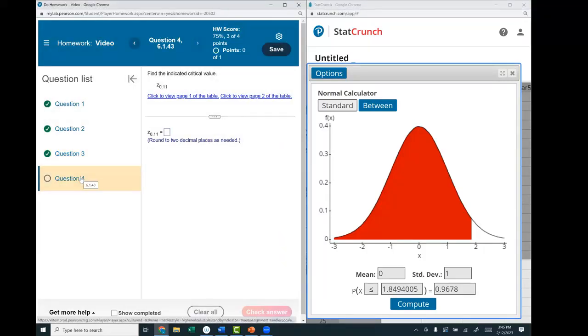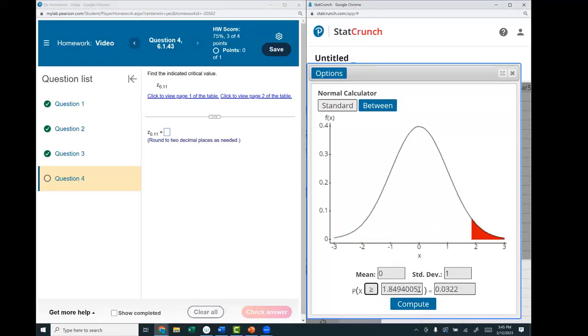And notice I'm going from problem to problem without closing StatCrunch, because what's the point of closing it? I'm going to need it again anyway. Now it says find the indicated critical value, and it's Z0.11. So that's alpha. And if you remember, we're always looking to the right of whatever our alpha is.